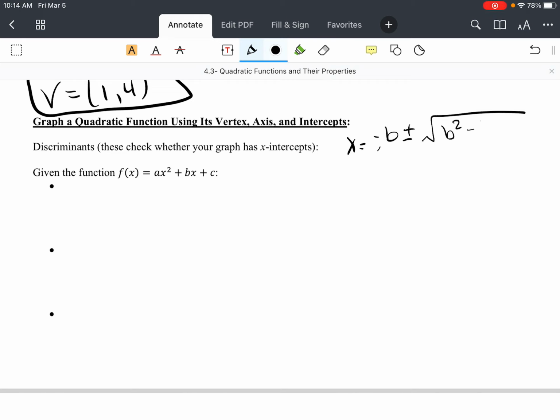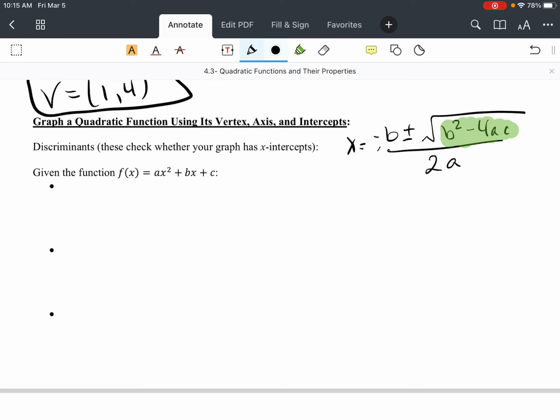The quadratic formula says x equals negative b plus or minus the square root of b squared minus 4ac, divided by 2a. The discriminant is the inside of the radical, because if it's positive, we can have solutions, but if it's negative, we'll get imaginary numbers, and that's not something that we can actually graph, at least not on an xy plane.